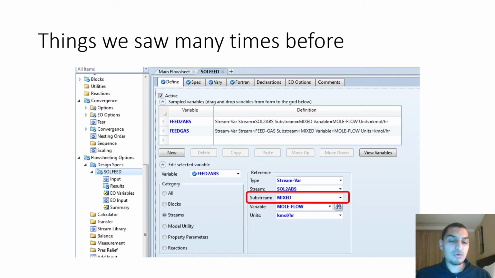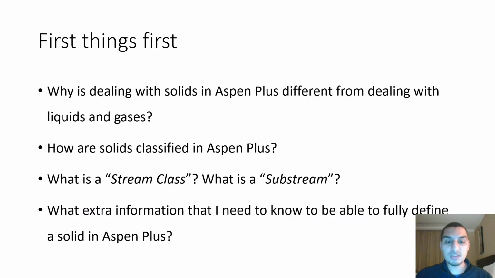And in all the cases that we visited, this has only one option, which is mixed. So without going into the details of this substream or understanding what it means, we have no other option other than choosing mixed. So we choose mixed, and then we go forward. And this is something that we will understand today as well. What is the substream and what does it mean?